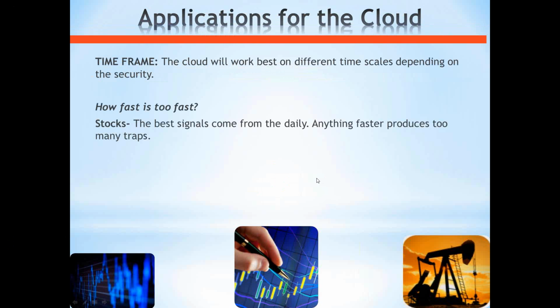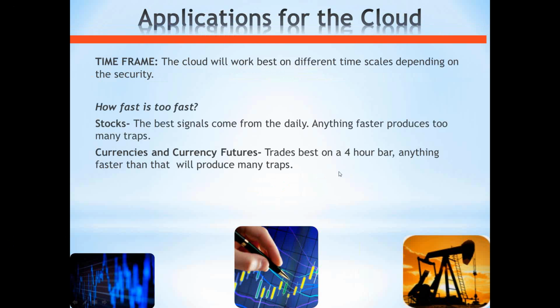And especially when I'm looking at trading something like binary options, the daily bar is not really going to do a whole lot for me. So even though I know that's going to give me the least amount of noise, I need to trade it on a faster time frame if I want to be active, right? Same thing goes with currencies. We think the best setups come off of the 4-hour bar. Anything faster than that can produce too many traps.